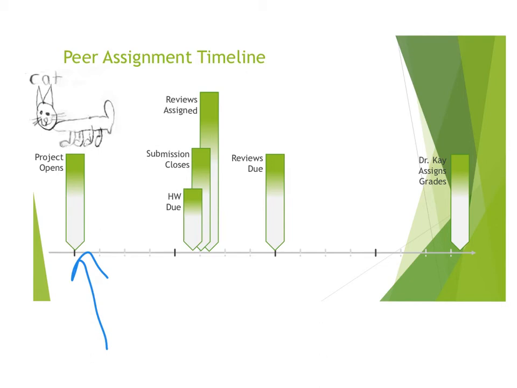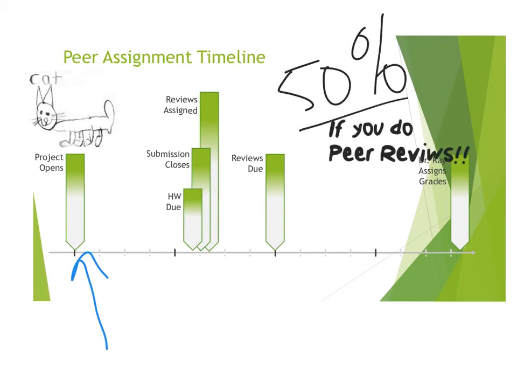So now, when it comes to be time for reviews to be assigned and the homework due, if the internet crashes, if you don't do your homework, if nothing else happens, you still have a chance at doing your peer reviews and you get 50%, right? If you do your peer reviews. Picture of cat, 50%.